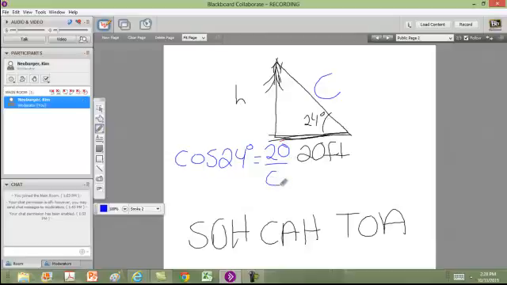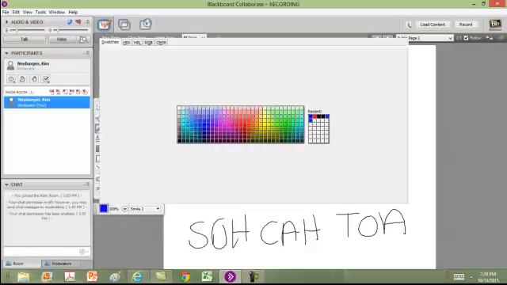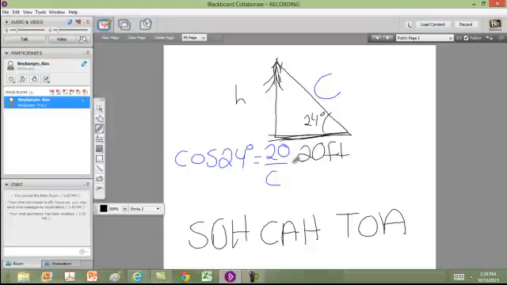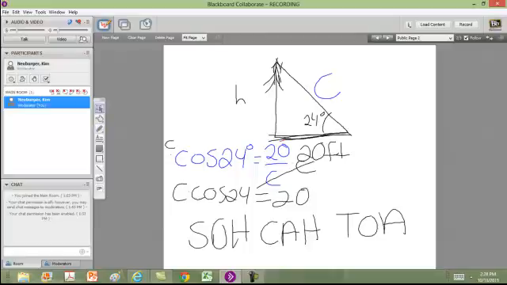To solve this, we need to first get rid of our fractions. So let's multiply by our denominator, which in this case is C. So if you multiply by C, you end up with C times cosine of 24 equals 20. Now you actually have to go ahead and get C by itself.